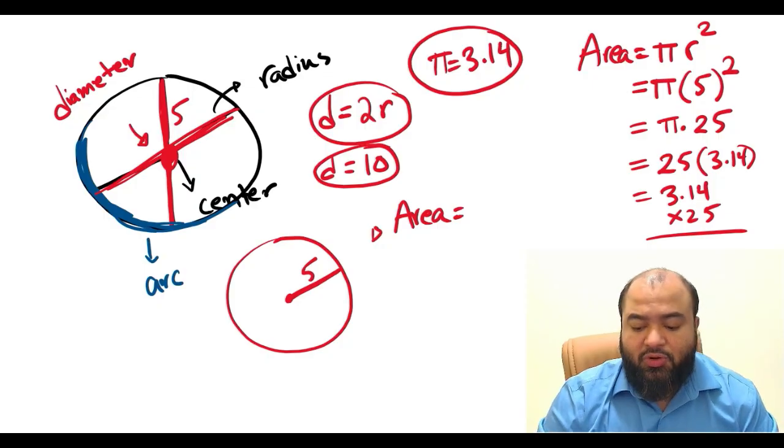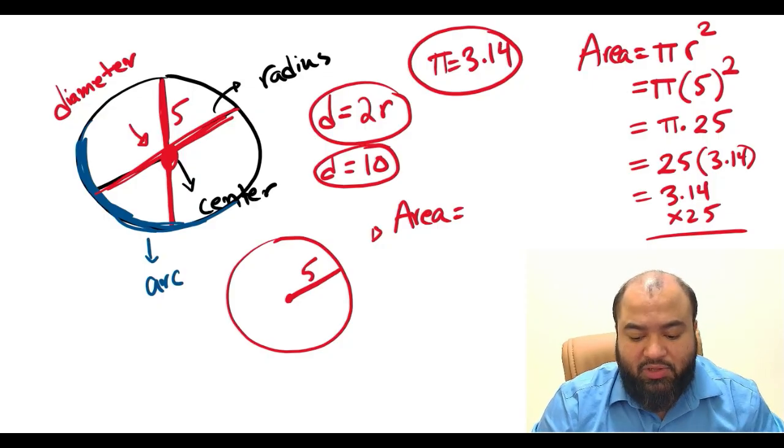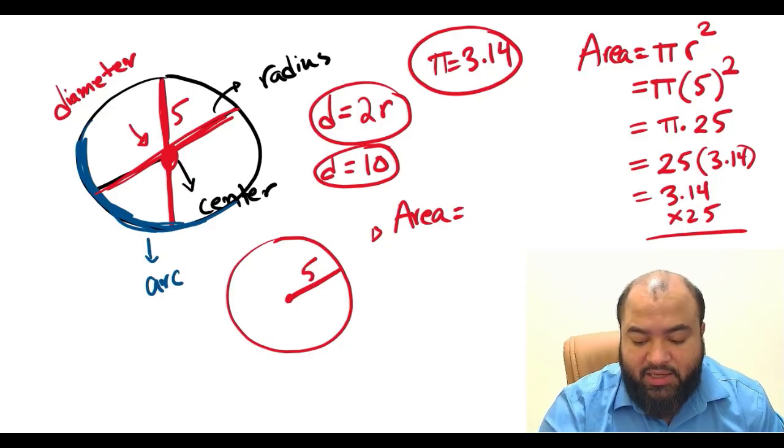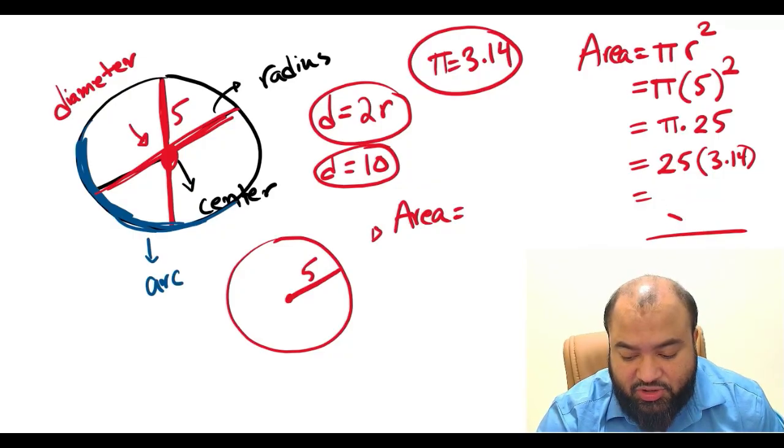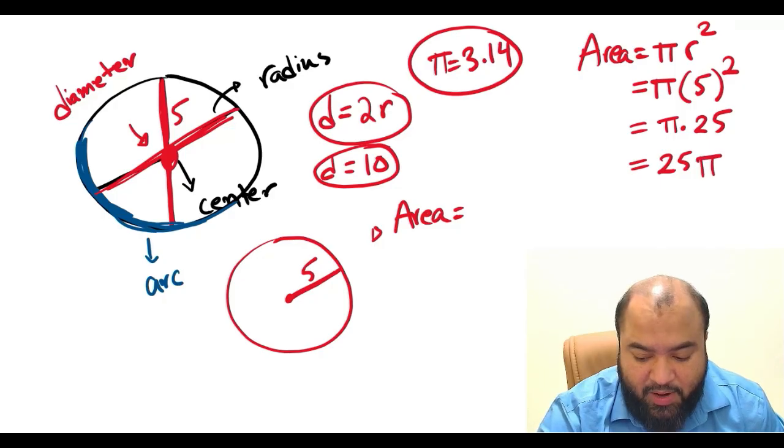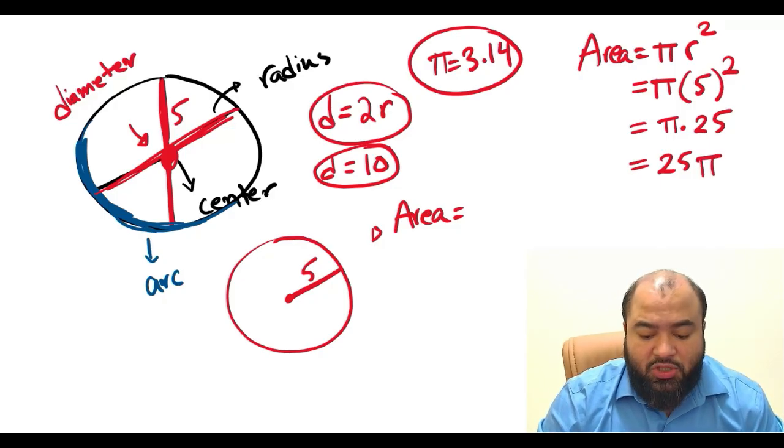We'll come to how to multiply decimal numbers in a bit, but for now, I'm just going to leave it as pi. So 25 pi. That's how you find the area of a circle.